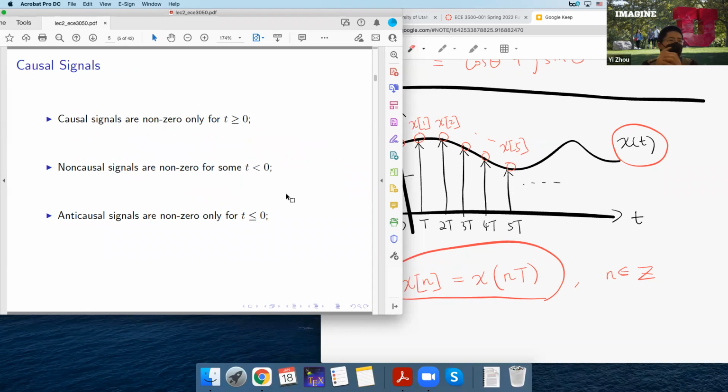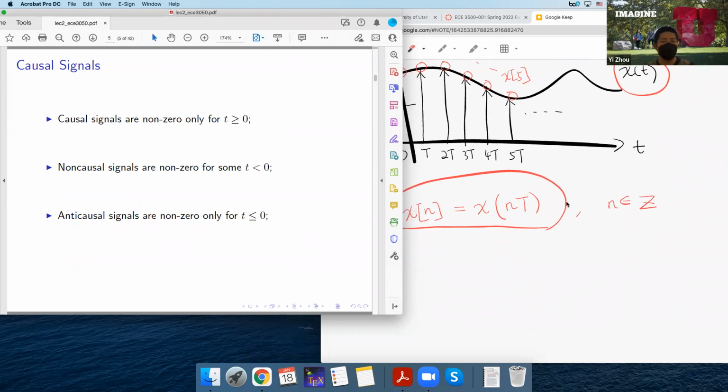Next we will talk about causal signals. This is a very important class of signals, because later we will use this to define causal systems. But here the definition is very simple. If a signal is causal, then the signal can only exist in the positive part. So the signal can only be non-zero when t is greater than or equal to 0. That means for all t that is negative, less than 0, the signal is always 0.